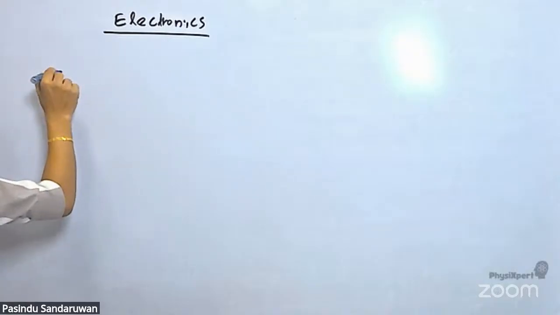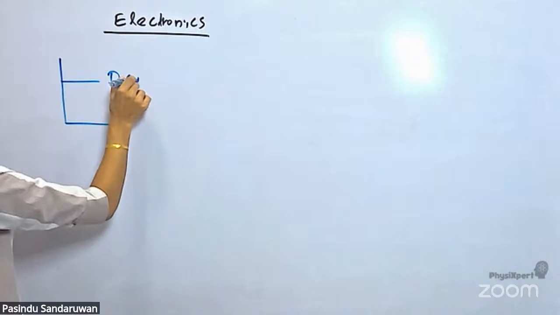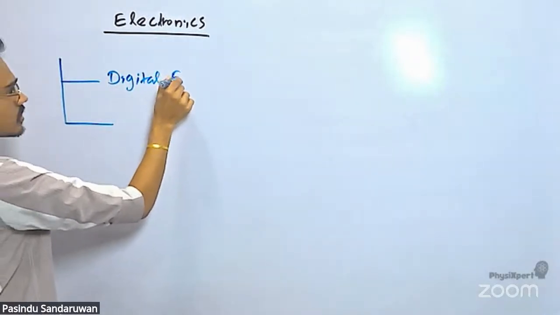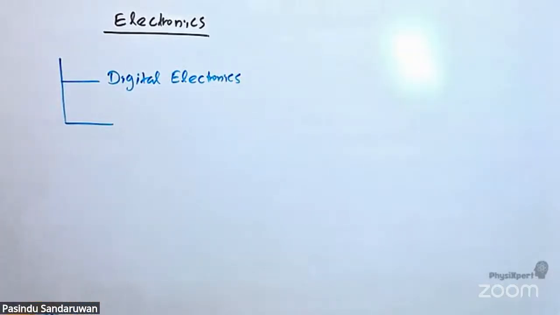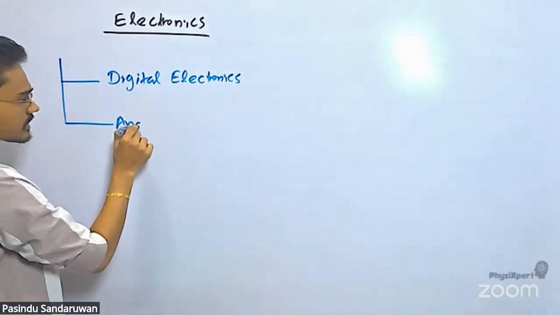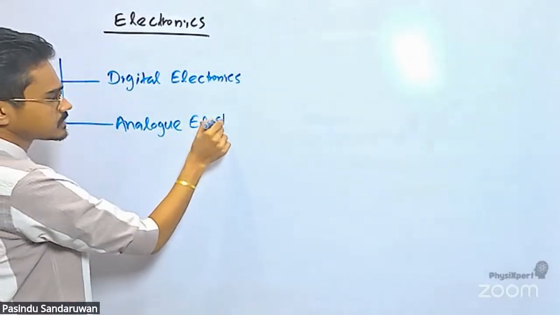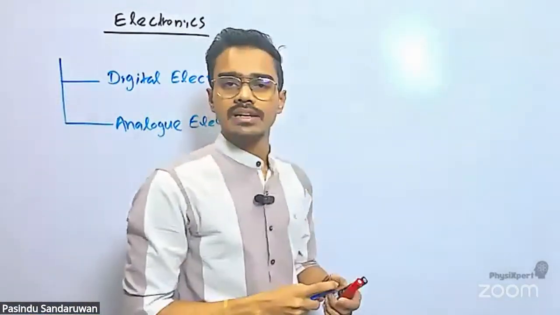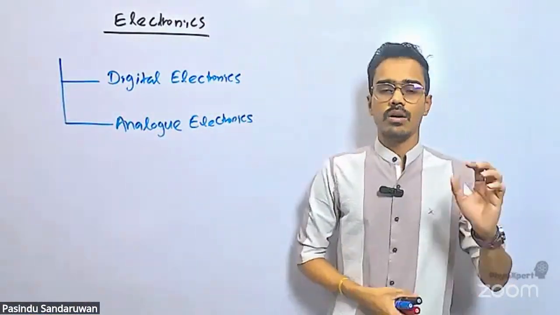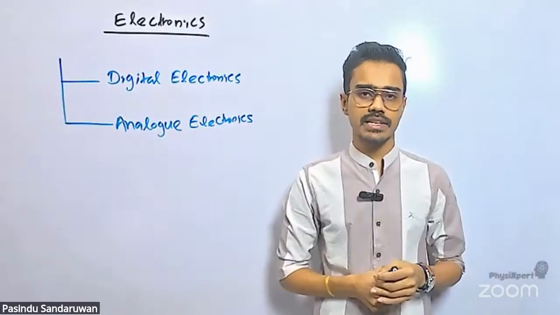One is called digital electronics, and the other part is called analog electronics. Digital is only 1/5 of the entire unit. Around 20% is digital, right?